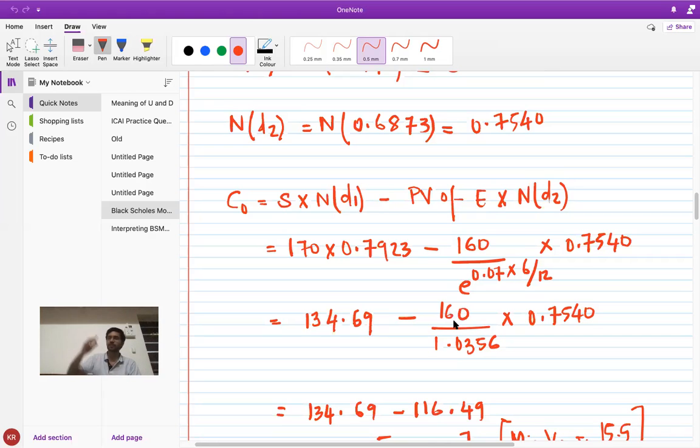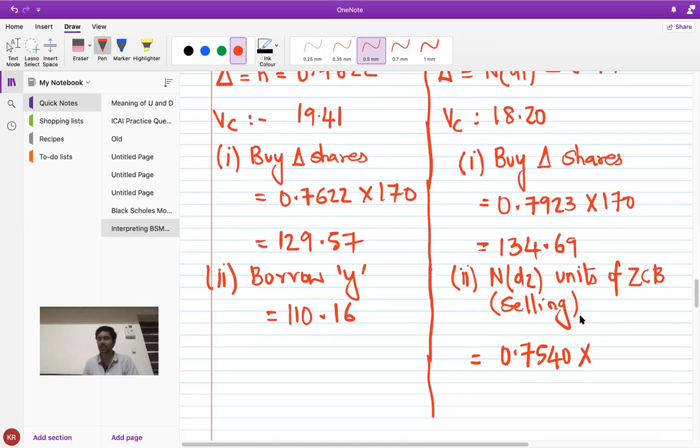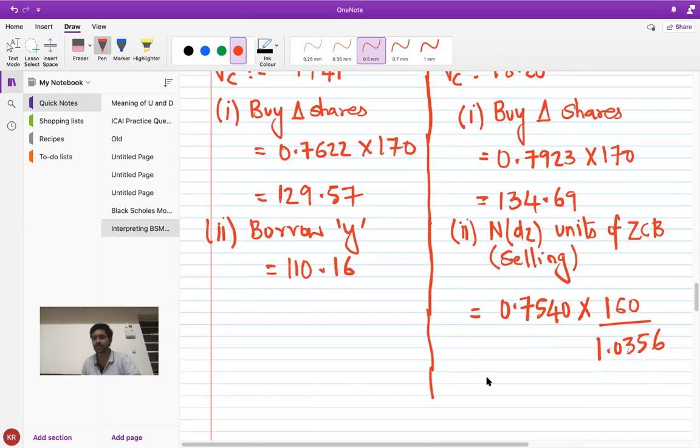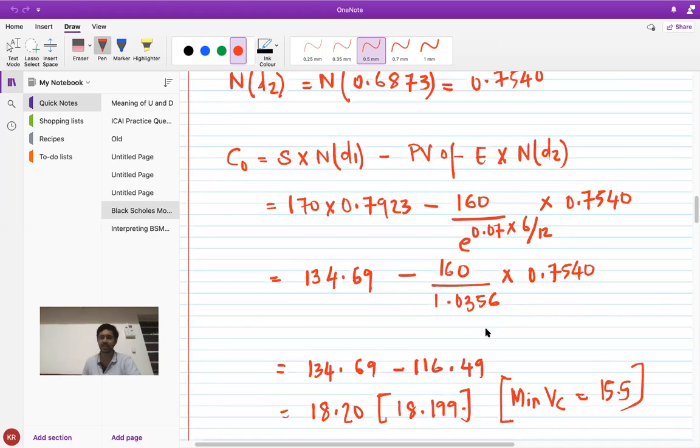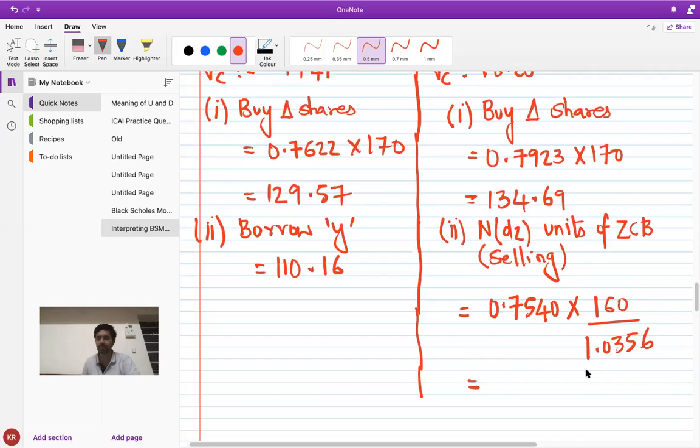Because the face value is 160, the price today is going to be the present value of 160, which is 160 divided by 1.0356. When we solve for this, taking values from the previous calculation to save some time, we have a value of 116.49.